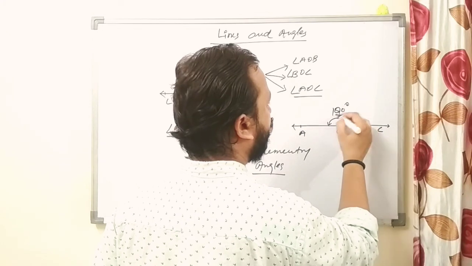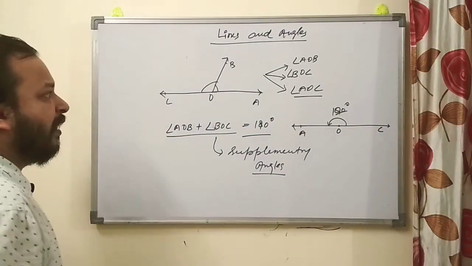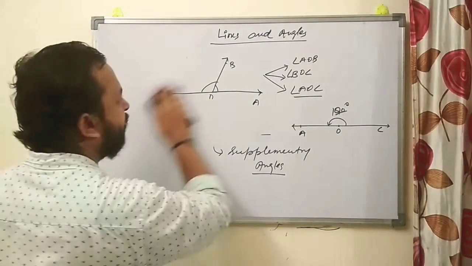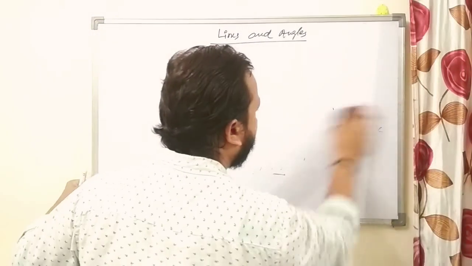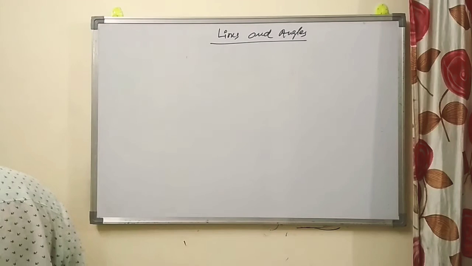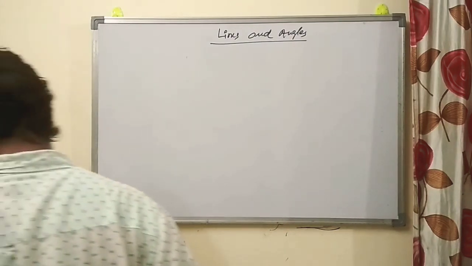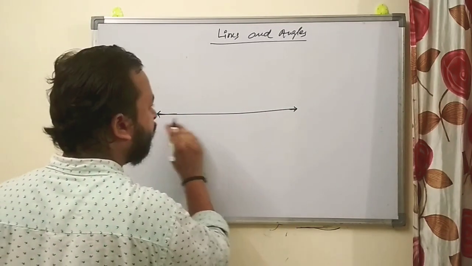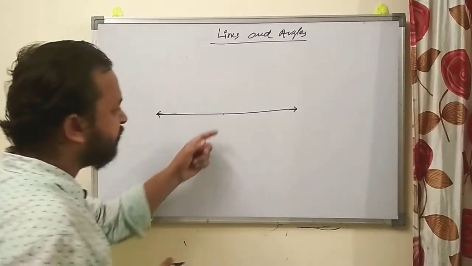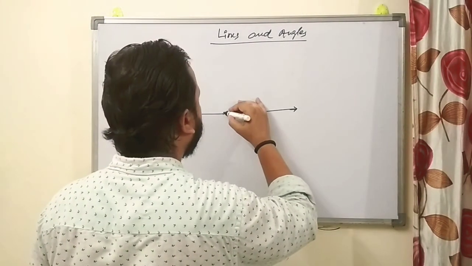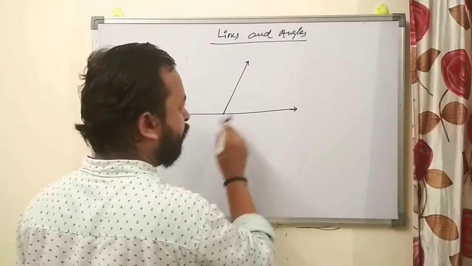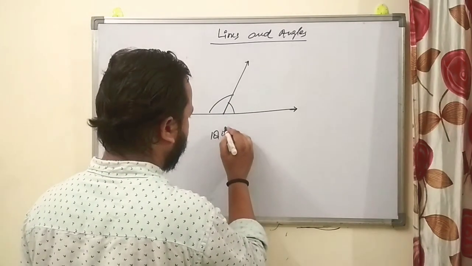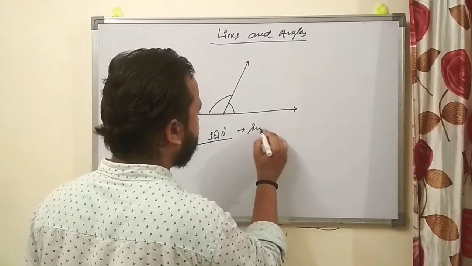So this angle is 180 degrees. On a straight line, if there are two angles, the sum of these angles is 180 degrees, right? And this is known as supplementary angles, you know.